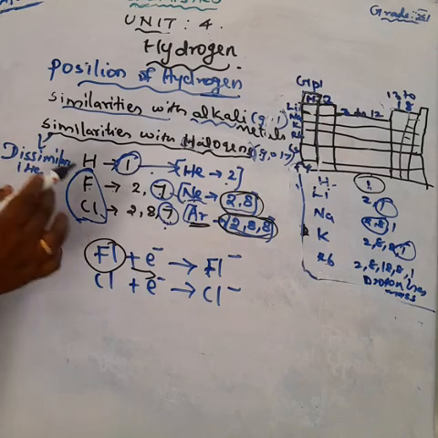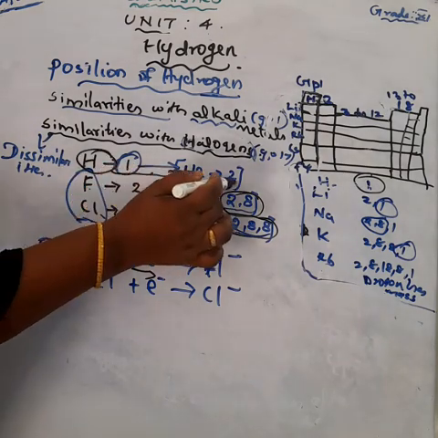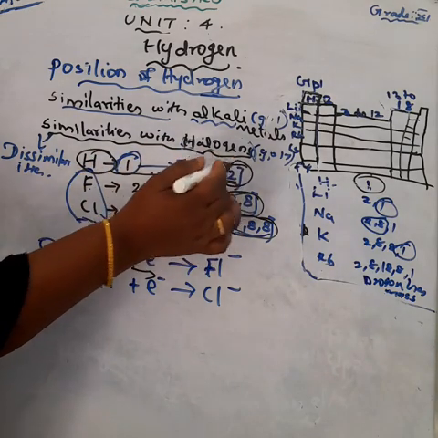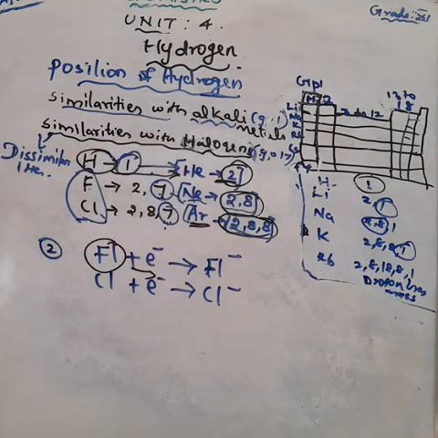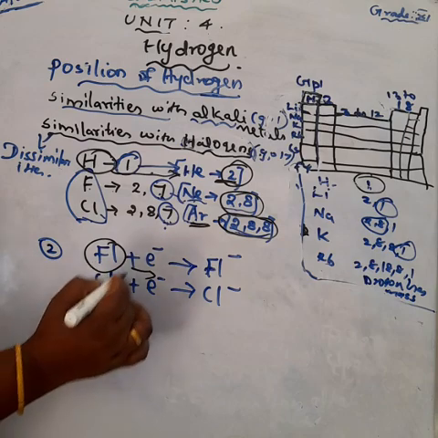Like all the halogens, hydrogen also tries to get one electron to form the complete doublet configuration, that is, it tries to attain the helium configuration.